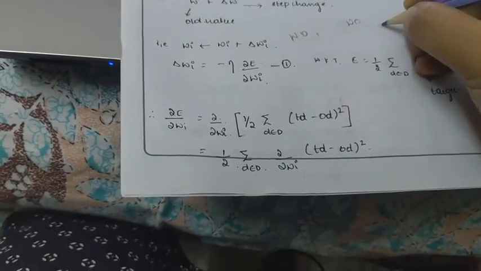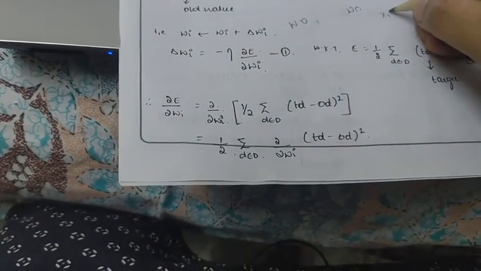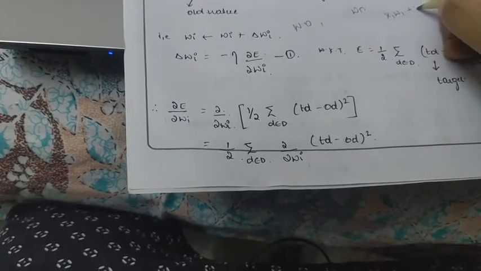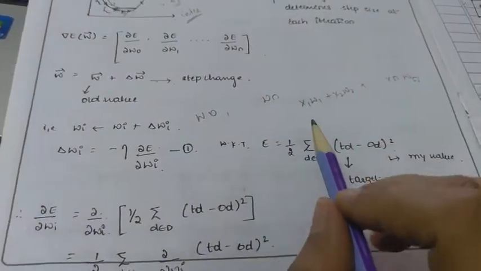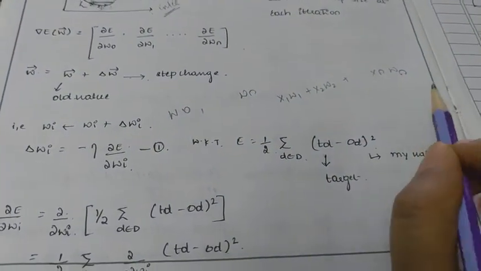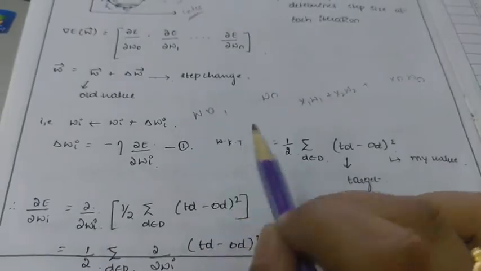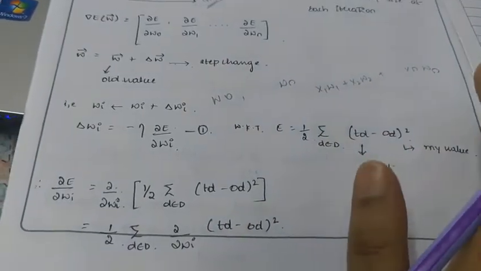It depends upon the number of inputs, since we are multiplying x1 W1 plus x2 W2 plus xn Wn. So many inputs, so many weights, along with one extra, that is W0.